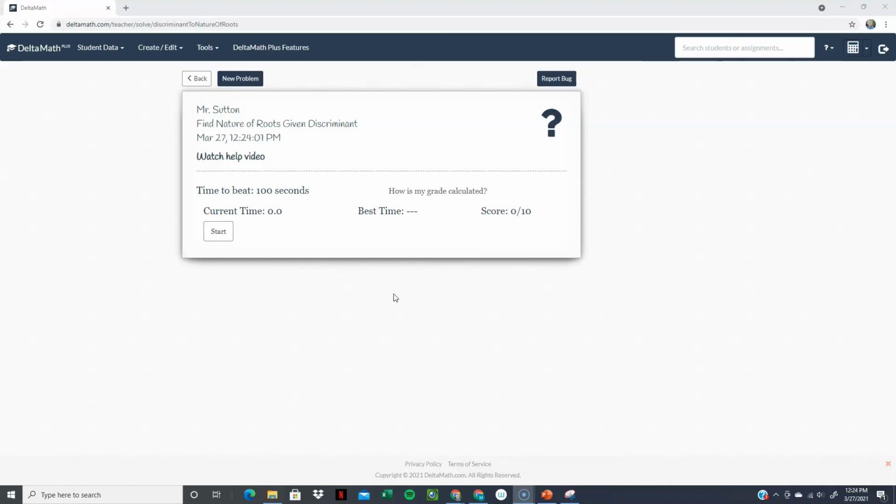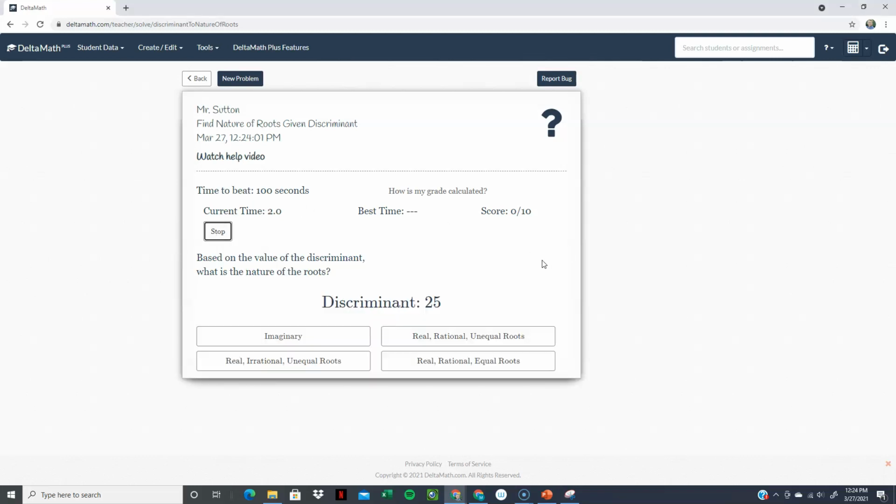So first thing on Delta Math, you are given "find the nature of the roots given the discriminant," and this is a timed assignment, and you have to figure out a certain number of them in a certain amount of time. So you have to first decide, is this positive, 0, negative, and if it's positive, then you have to decide, is it a perfect square or not. So this is a positive perfect square, so that means it's real, rational, unequal.